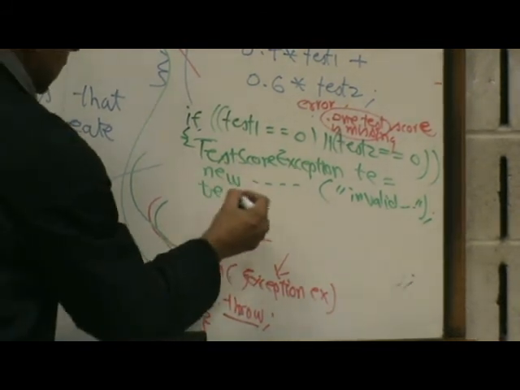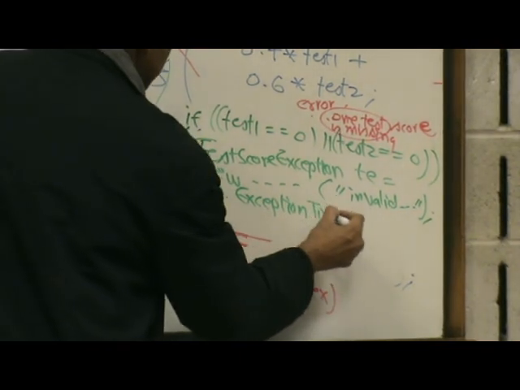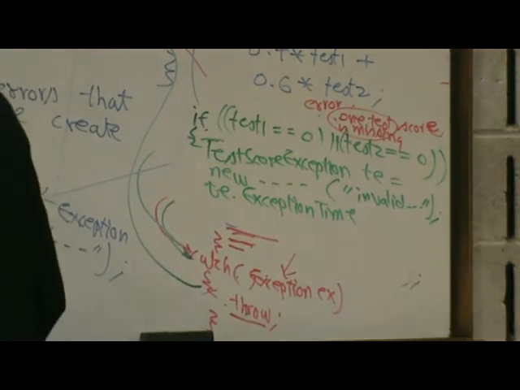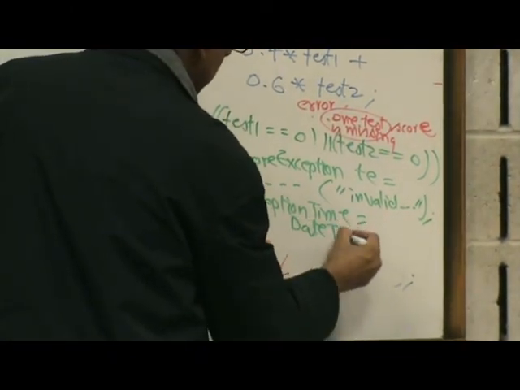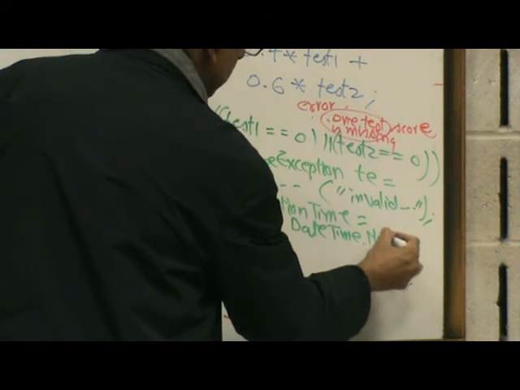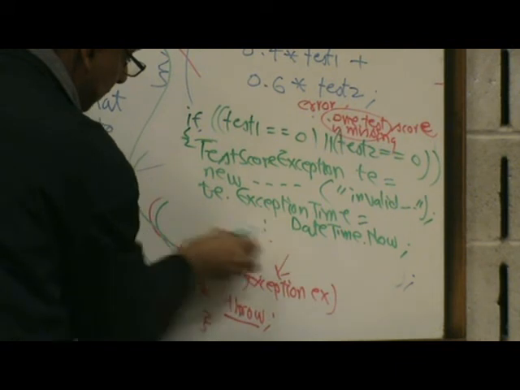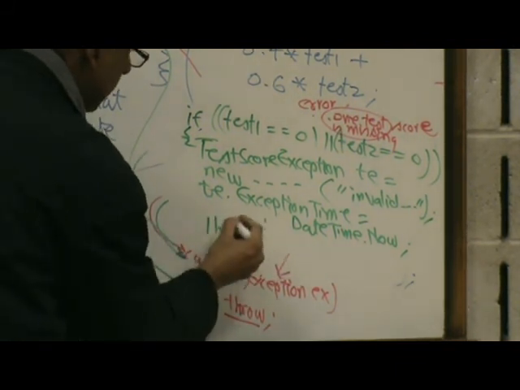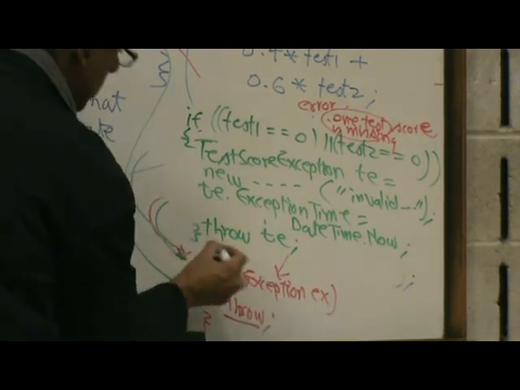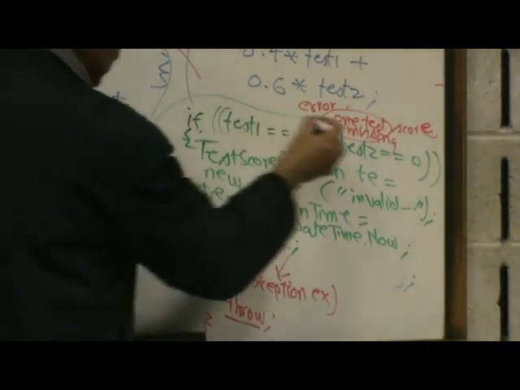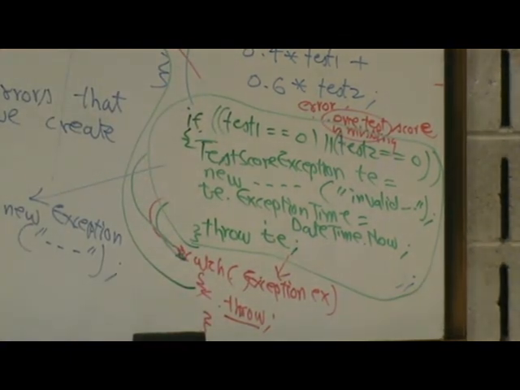And then TE dot exception time. Is that what I called exception time? Yeah, equal to DateTime dot now. So anyway, you can store all those properties and then simply say throw TE. Okay, so now this will be if you wanted your own custom exception to be thrown.